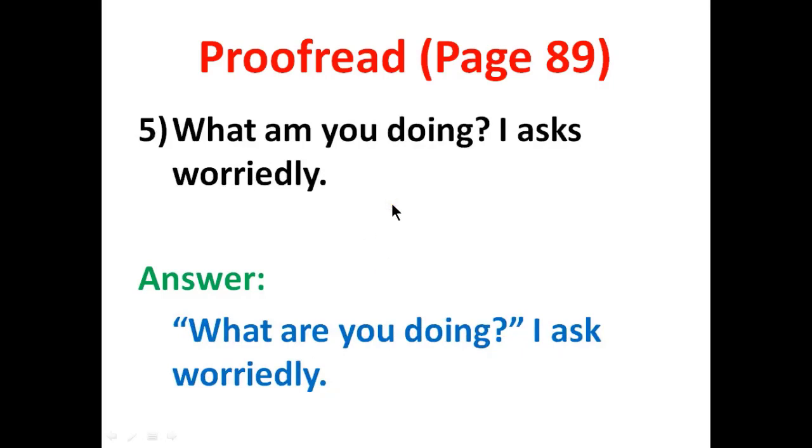Number 5. "What am you doing?" I asked worriedly. Now here are two mistakes. You cannot use am along with you. You will use are. And then again the teacher has written asked, which is of course wrong. I ask. "What are you doing?" I ask worriedly.